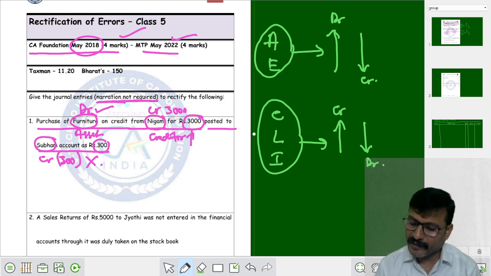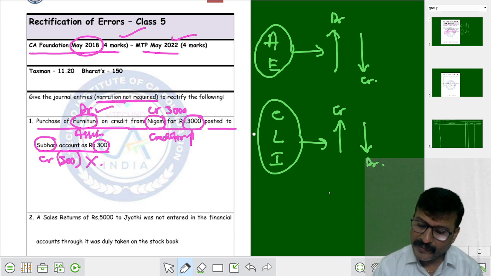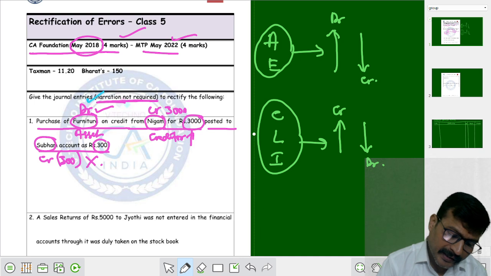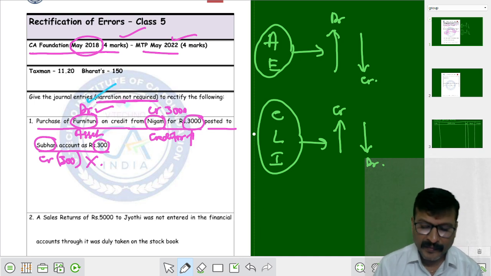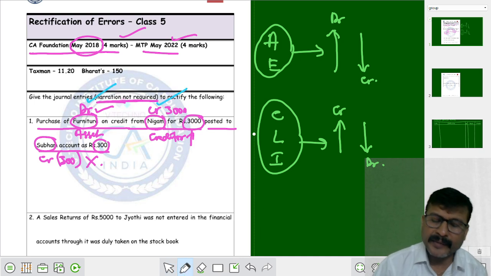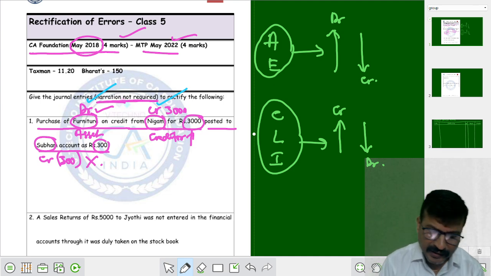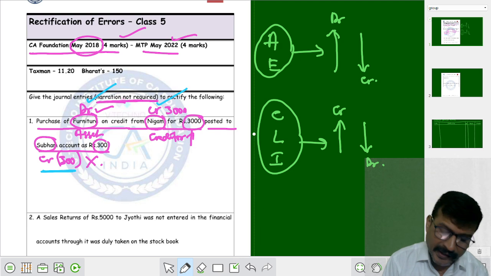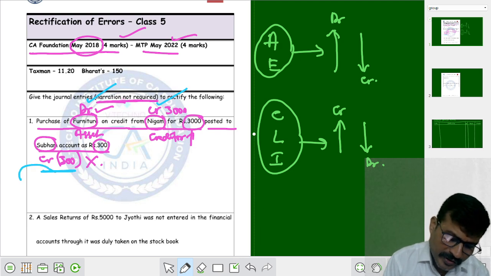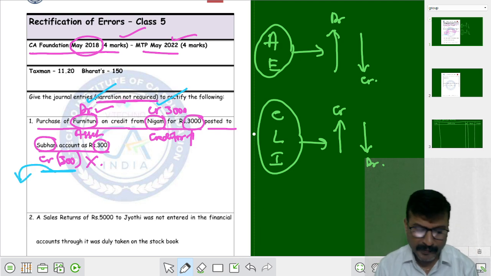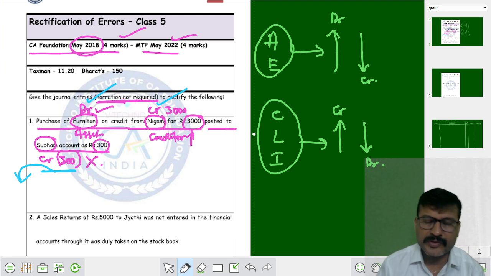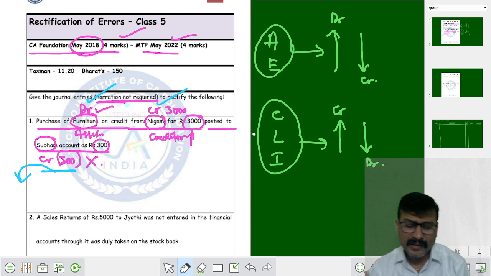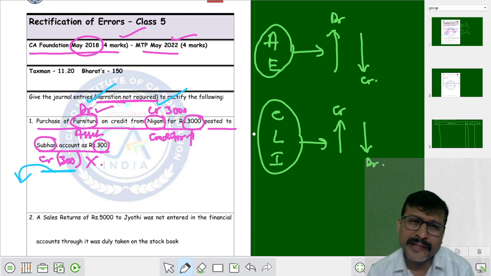Now what is your rectification entry? As we know, keep the correct in the same place. This is also correct. Keep the correct in the same place. This is what is wrong, right? It is in the wrong credit. We have to shift it to the opposite side, means we have to take Shubham in the opposite side. Now, what are all the things to record in the debit side?